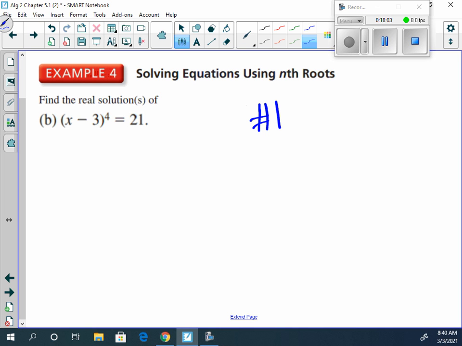Let's rewrite step 1, let's put a notation in there. Because I said get the variable by itself.